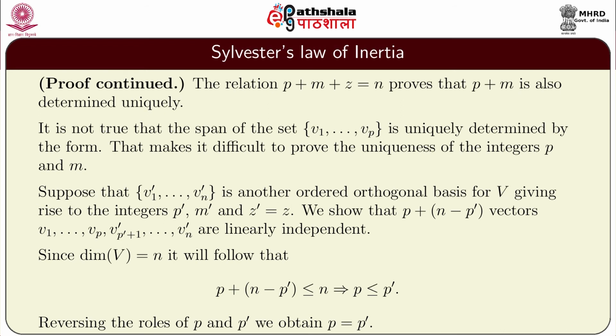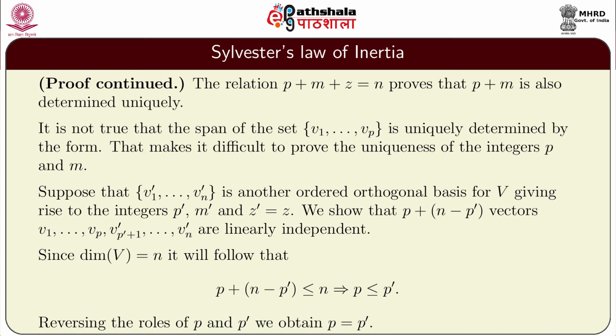So, suppose that V1 dash and so on up to Vn dash is another ordered orthogonal basis for V, giving rise to the integers p dash, m dash and z dash, but z dash will be z because we have proved just now that the integer z does not depend on a choice of basis.